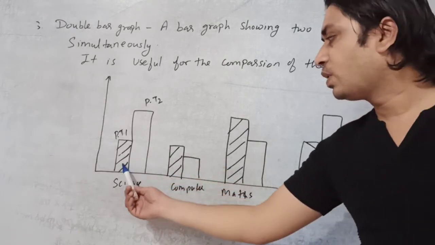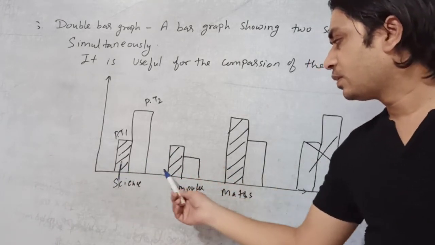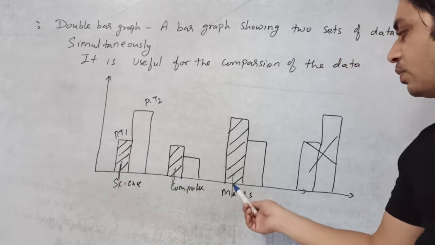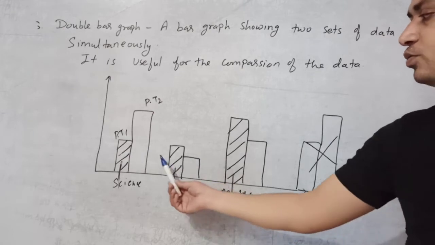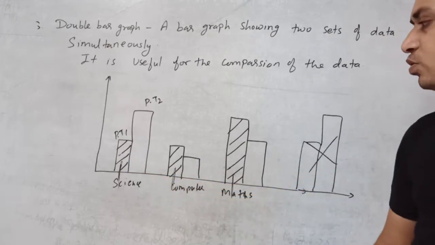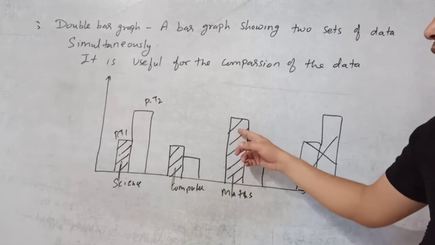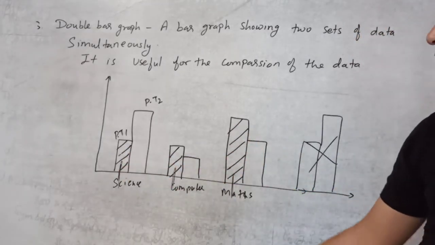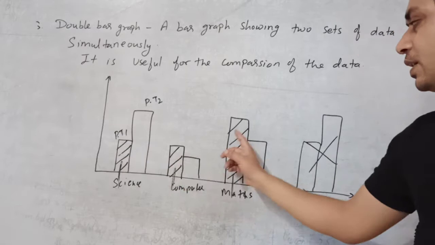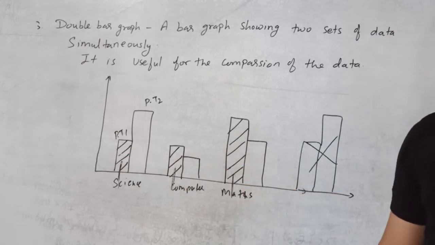And remember, this one and this one represent PT1. All three should have the same symbol. If you are filling red color, then the red color should be in all three. If you are drawing lines here, the same lines we draw here also.